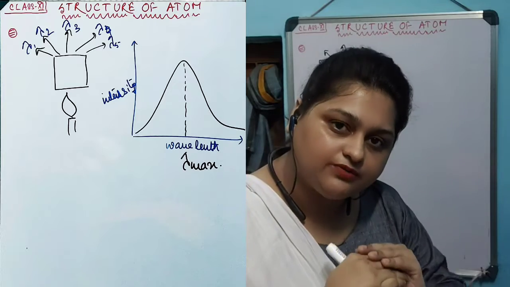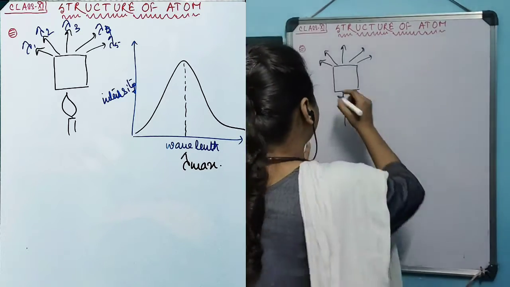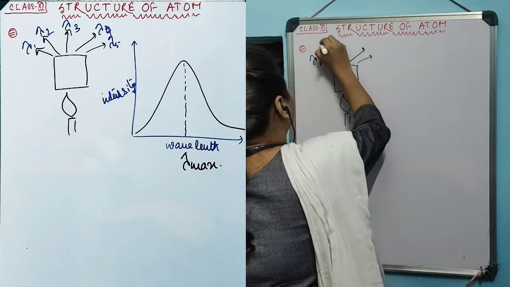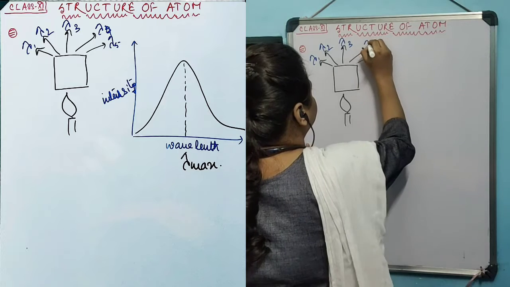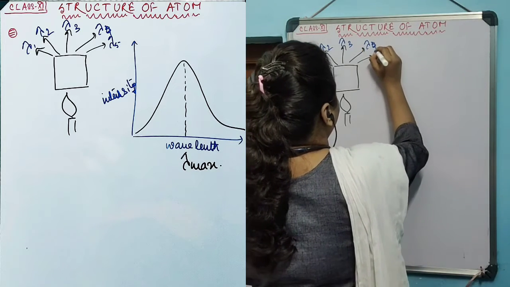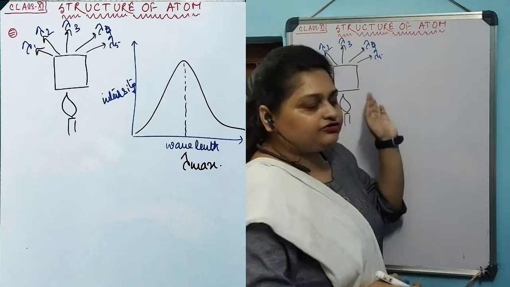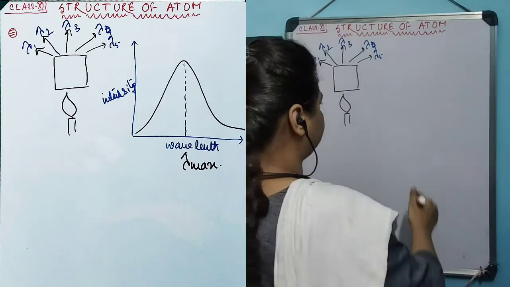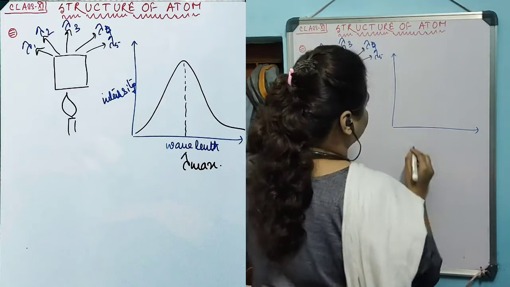Now if it emits all wavelengths from 0 to infinity, then if we try to plot this, the graphical plot will look like this.